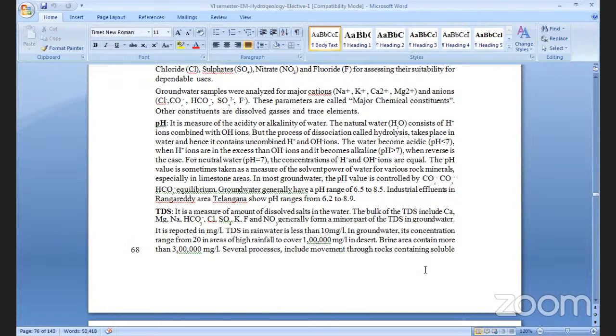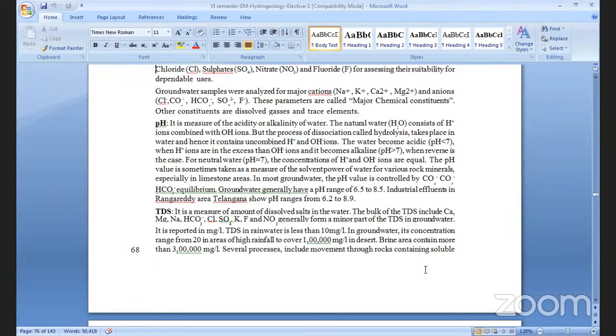When the water is in an acidic stage, the pH is less than 7. And when the H+ ions are in excess of the OH- ions, it becomes alkaline. So this is a ratio.